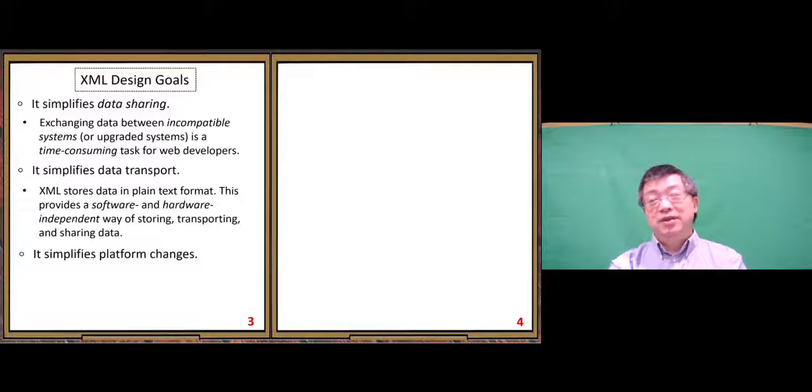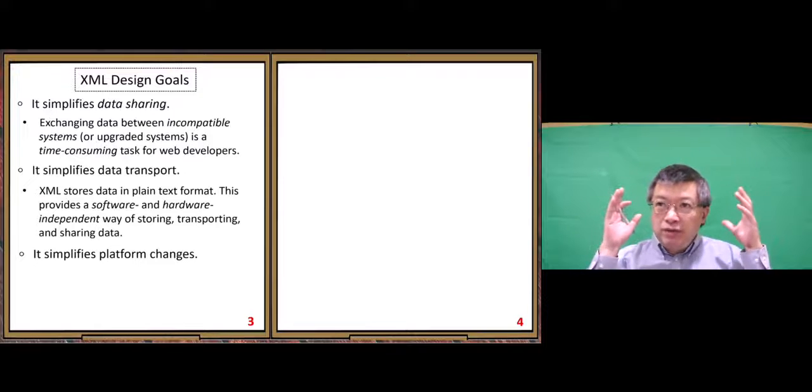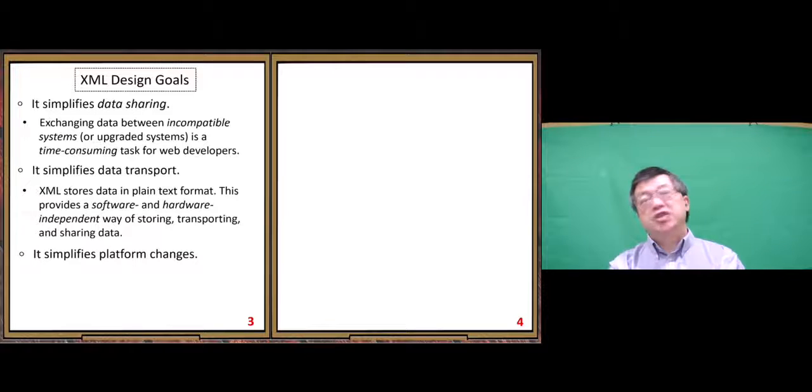In the designer's mind, they want to achieve this goal. It does not mean they can do a good job. They try to do this, but whether they can do it or not, how well they can do it, that's another issue. That's why I talk about their design goals. They want to achieve this.